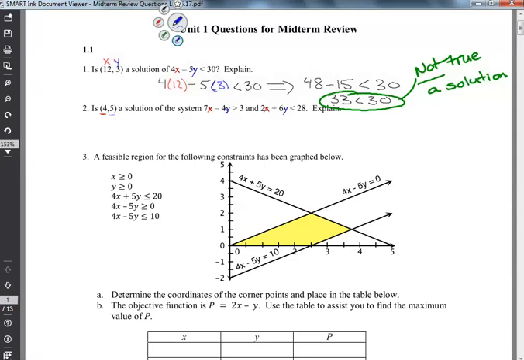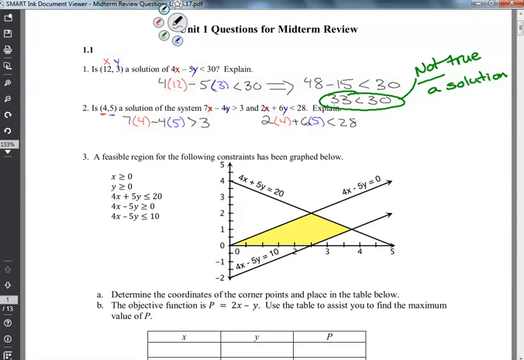So we're going to do 7 times 4 minus 4 times 5 is greater than 3, and then 2 times 4 plus 6 times 5 is also less than 28.